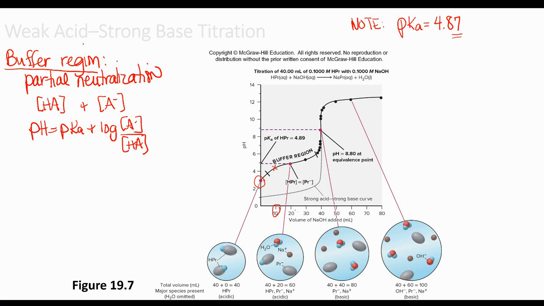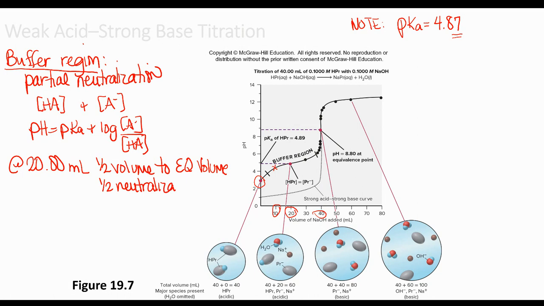And then we did the all-important 20 milliliters. Notice if it takes 40 to reach equivalence, at 20 mils, which is half volume to equivalence volume, half neutralization, is another way of writing it, pH equals pKa. So if you know how much it takes to get to equivalence point, at half of that, pH equals pKa.